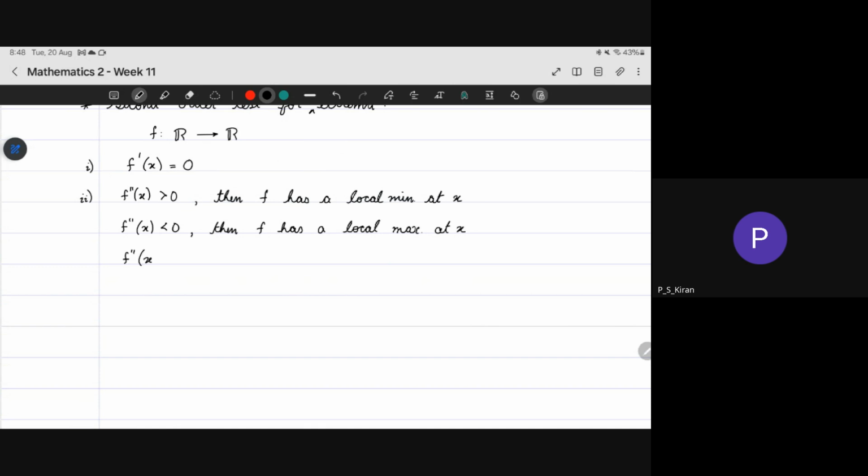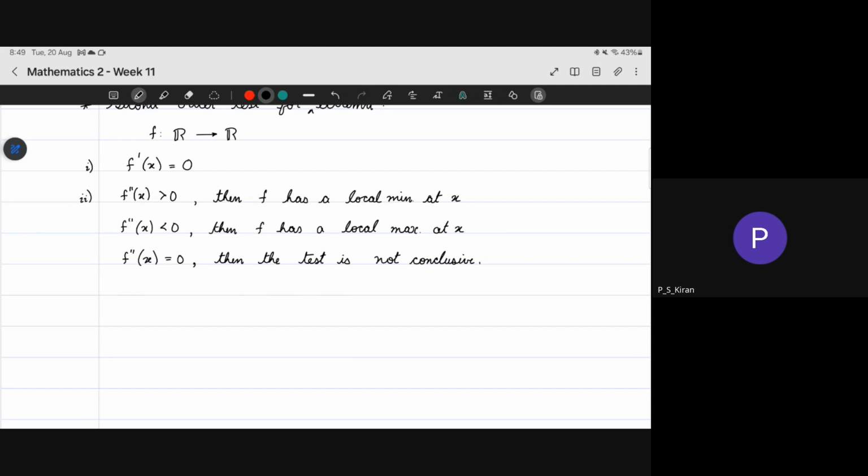And of course, there's this case. Do you say it's not conclusive or it's a saddle point? Or do you want to remember that case?